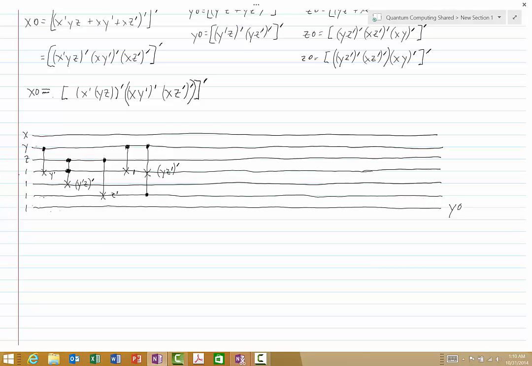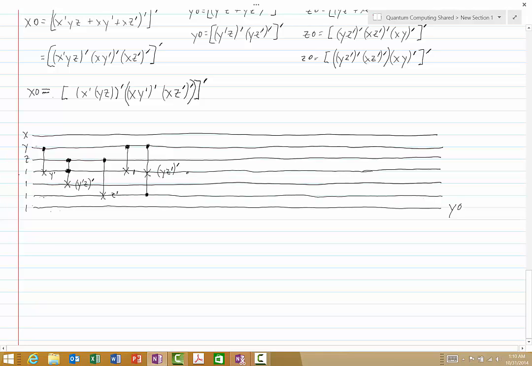And now the last thing we want to do is to take the y prime z prime here. Notice that's the first term here. And here's our y z prime, which is the second term, and we want to NAND those two together.